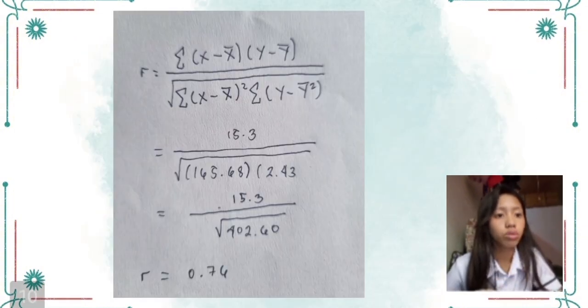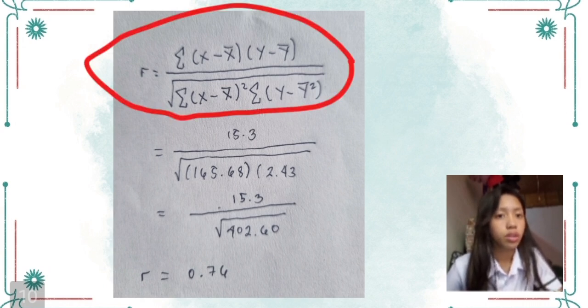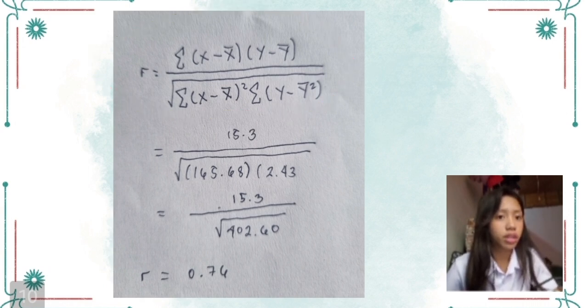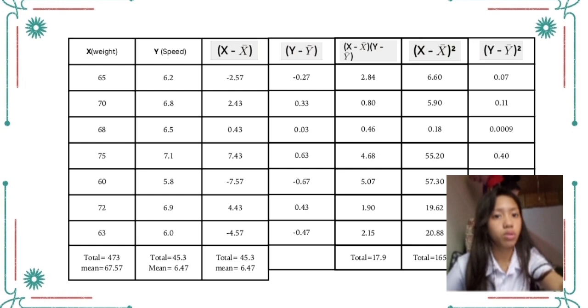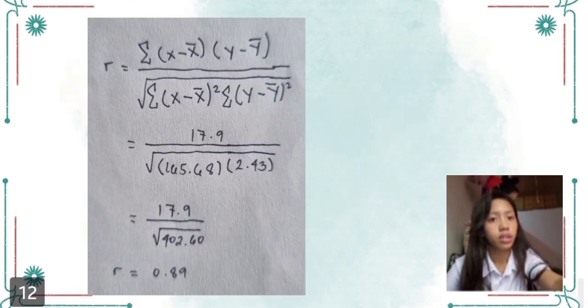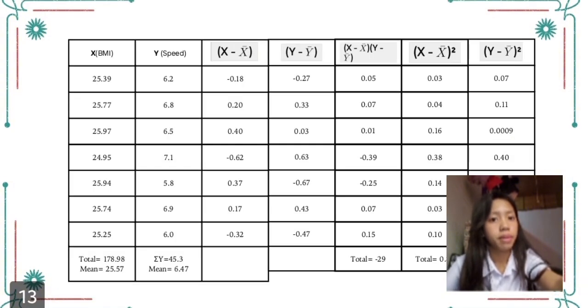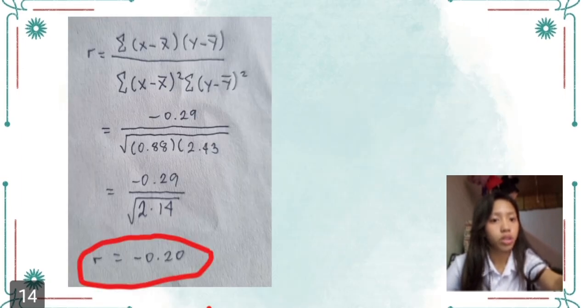This is how to solve for the R value. Use the formula, substitute the values, and find the R value. Same goes for the weight and speed performance. Their R value is 0.89. For the BMI and speed, their R value is negative 0.20.